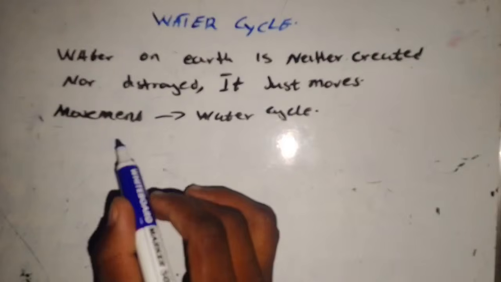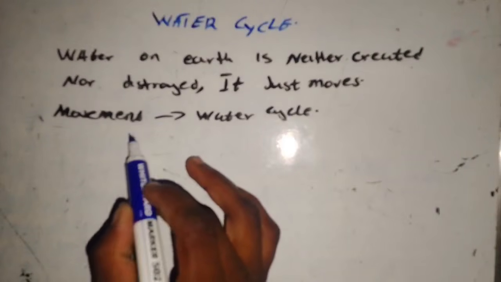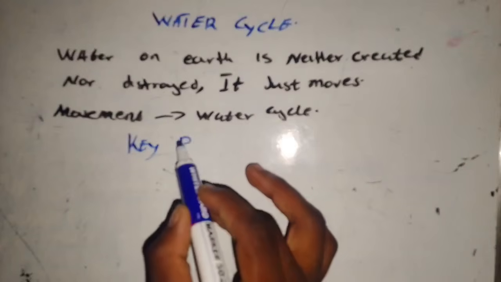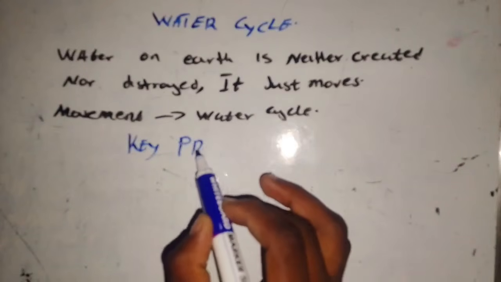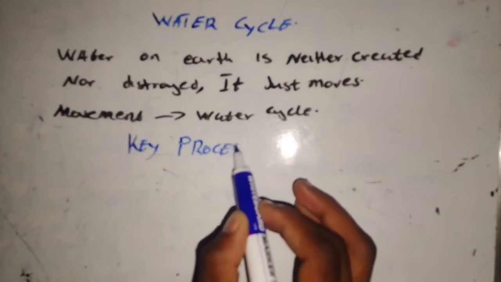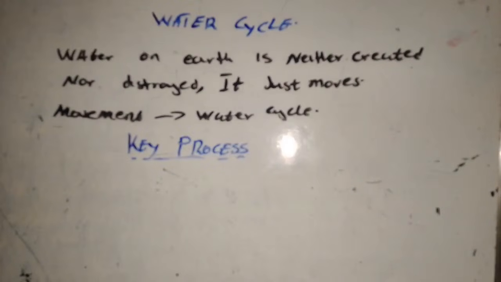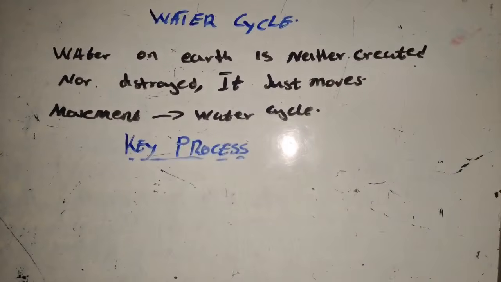There are key processes of the water cycle that help us to fully understand how the water cycle works. So the water cycle is simply the movement of water. Okay, the key processes of the water cycle.